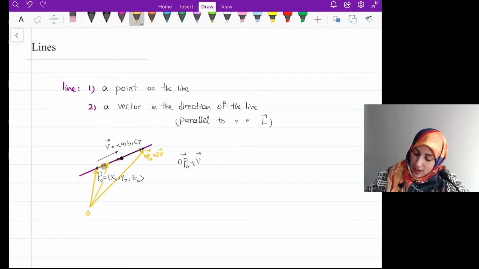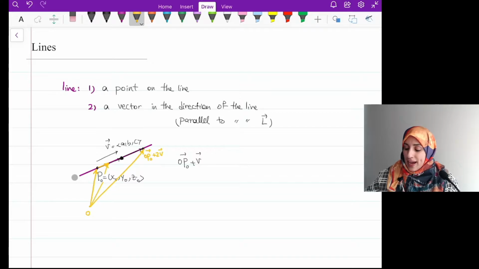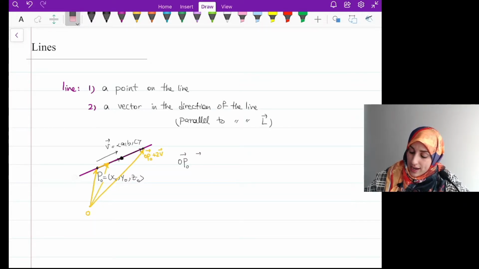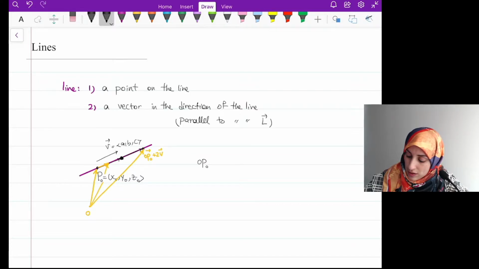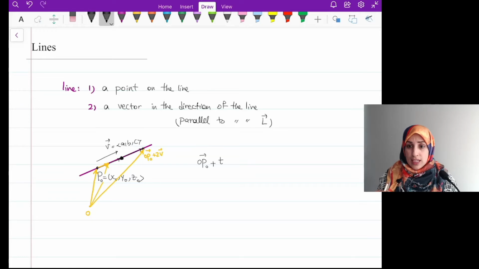If I have it in the other direction, it would be OP0 minus v. That's why we say that every point on the line, I can get it as OP0 plus t, a parameter t that ranges through all the real numbers, times v. This is all the points on the line.